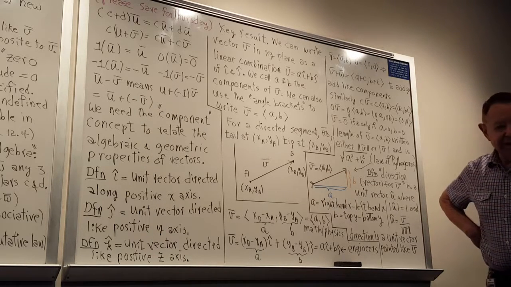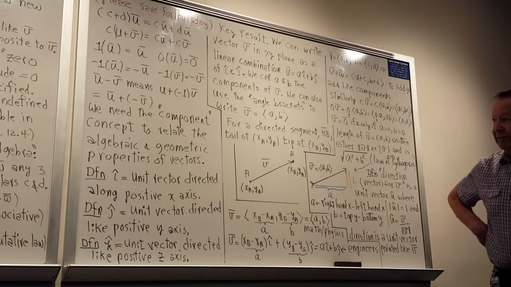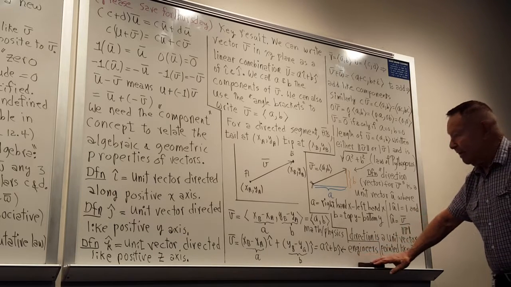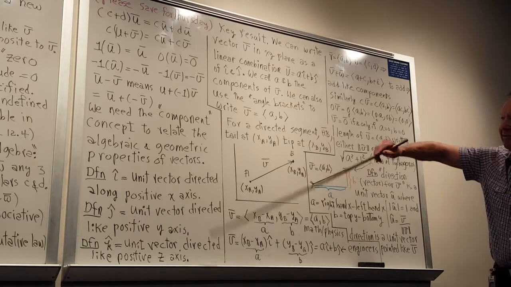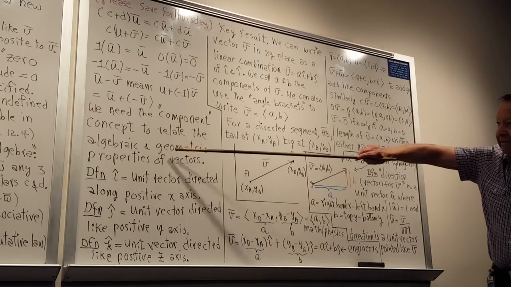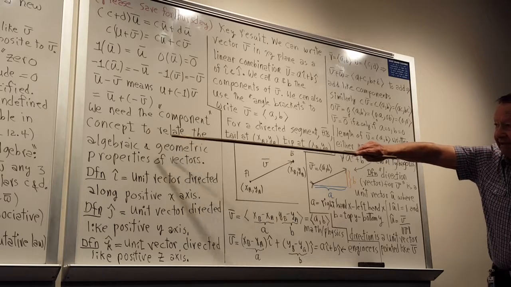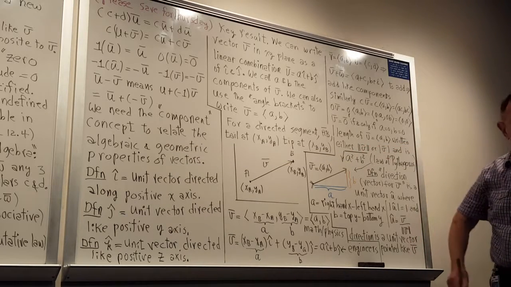So finally, we get to the component concept, which is probably familiar to you from other people's classes that work with vectors. That lets us relate the algebraic and geometric properties.